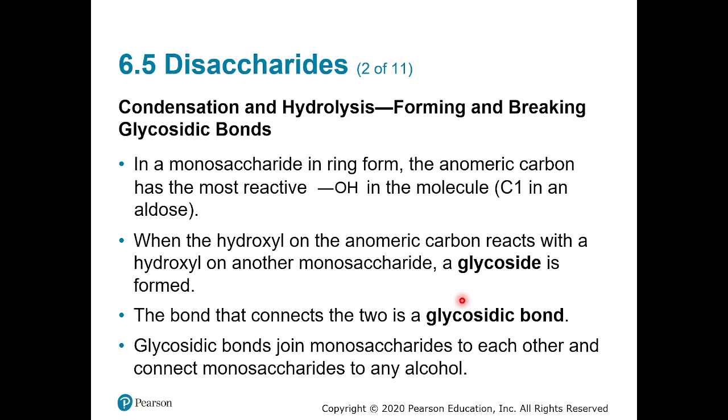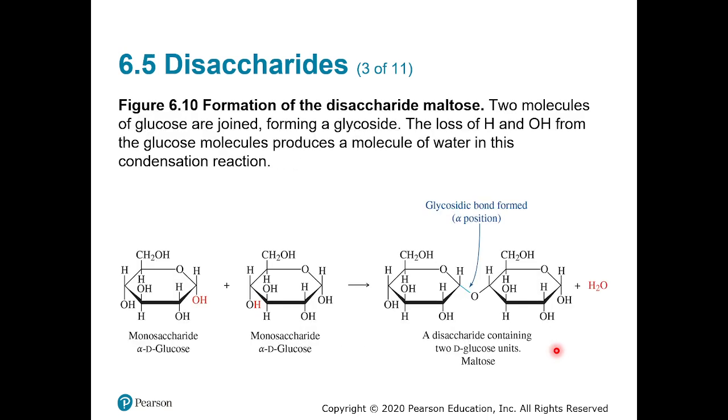And that's where the glycosidic linkage or glycosidic bond comes from. So the bond that links the two is referred to as a glycosidic bond. The glycosidic bonds will be what join the monosaccharides together to form longer structures, more complex sugars, i.e. in this case we'll be doing a disaccharide.